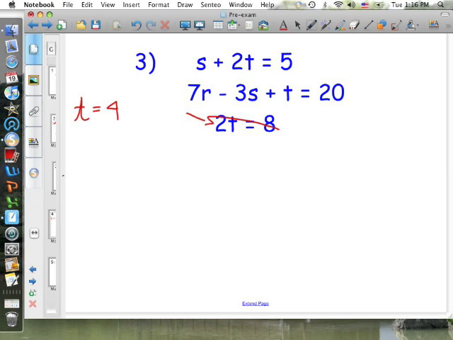Look for a second equation that has t and only one other letter in it, if possible. Well, that would be here.